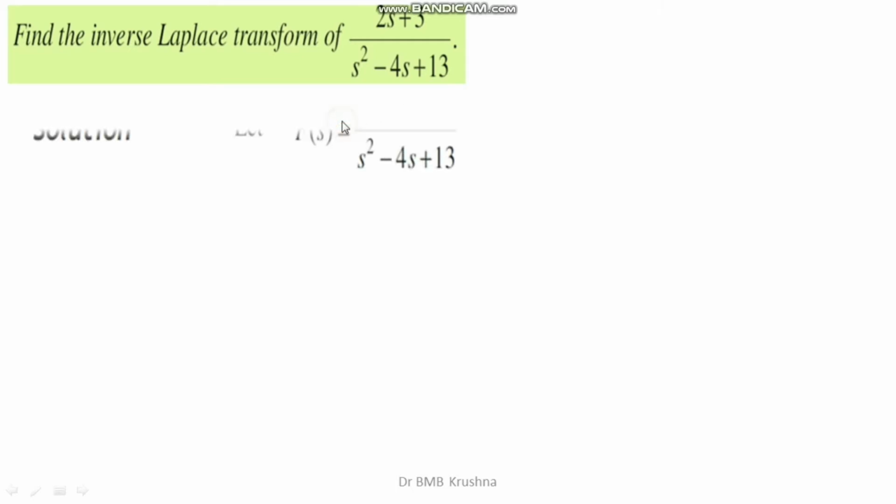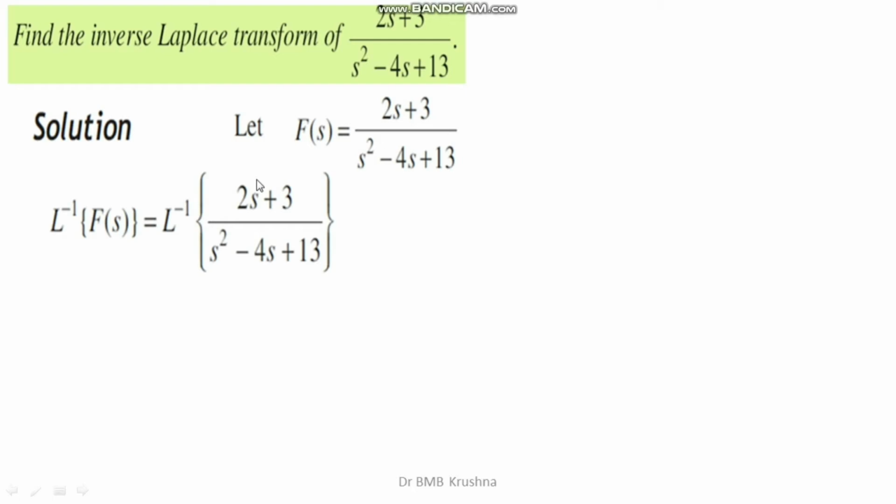We consider inverse Laplace transform of this function. Let us assume that (2s plus 3) by (s square negative 4s plus 13) is f bar of s. Now take inverse Laplace transform on both sides of this result. L inverse of f bar of s is L inverse of (2s plus 3) by (s square negative 4s plus 13).